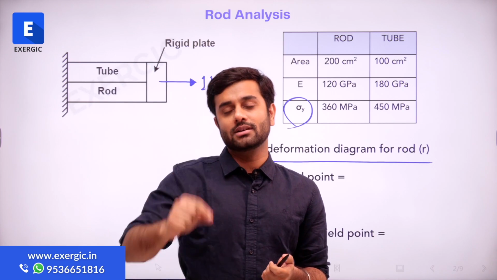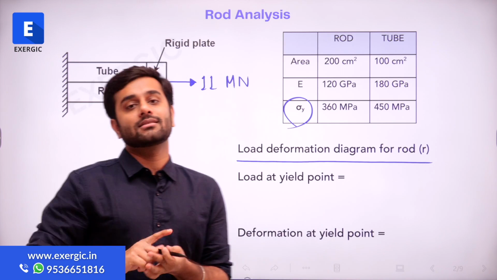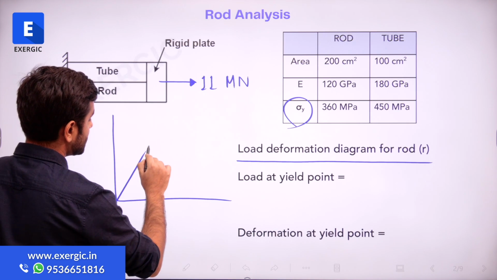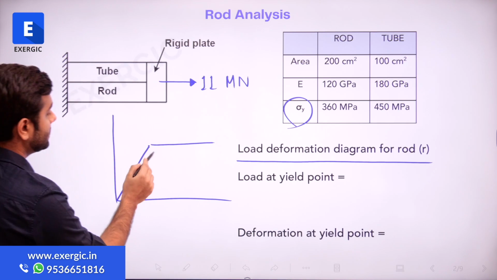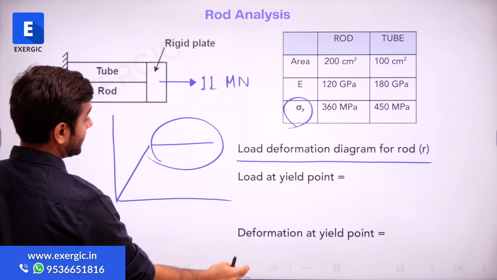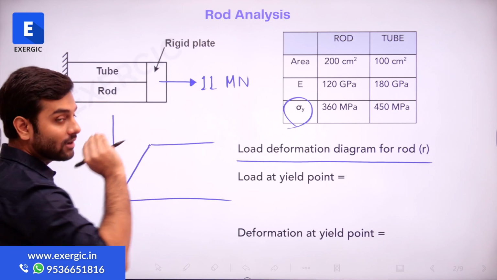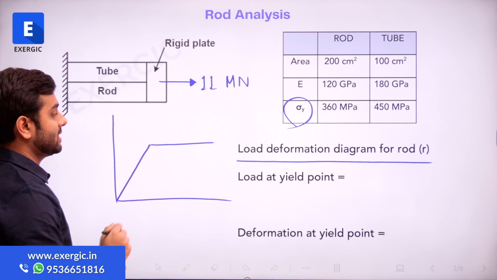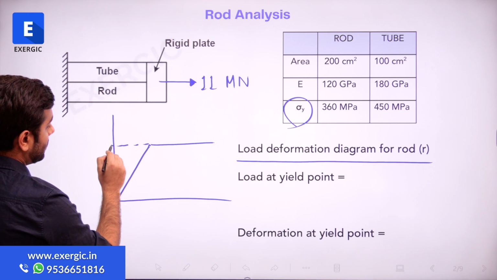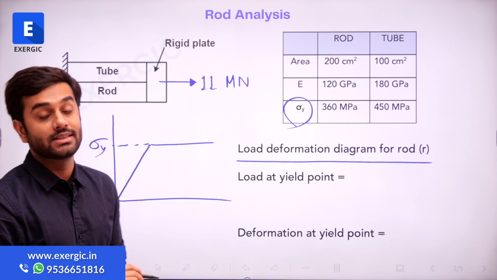That point has been mentioned, and since this is an elastic, perfectly plastic material, it is going to be something like this and then like this. This zone is going to be the elastic region, this is going to be the plastic region, and since it is an elastic and perfectly plastic material, this line will be horizontal. This is the point which is showing you the yield strength, right?